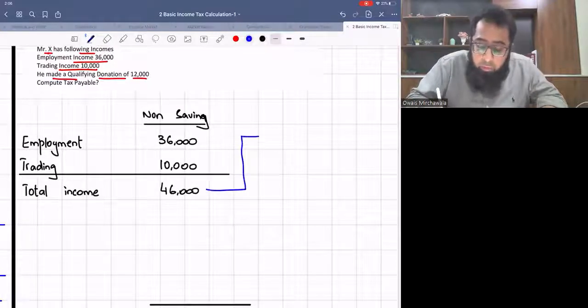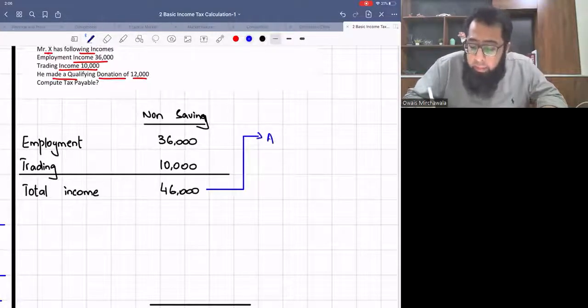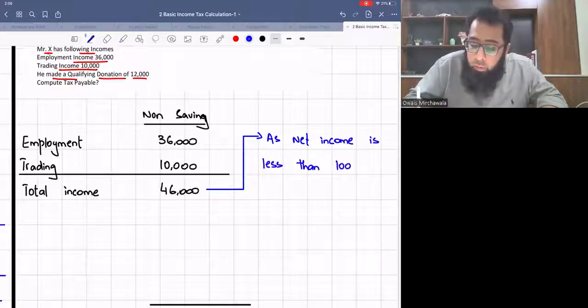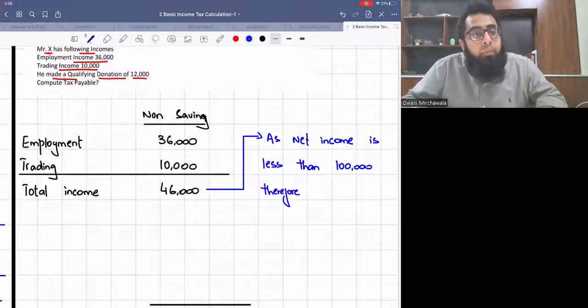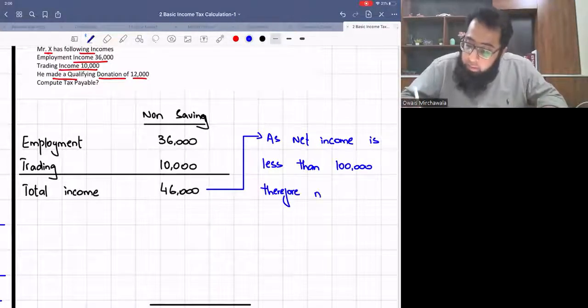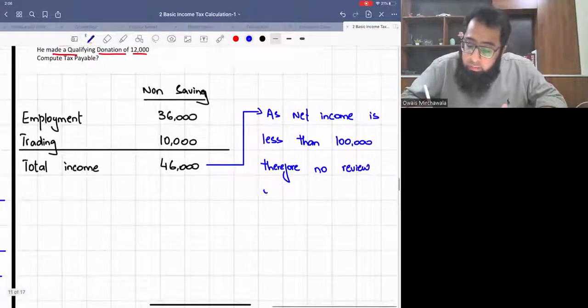Why? As net income is less than 100,000, therefore no review of personal allowance is required. It is not required to write this statement. When it's less than 100,000, you just claim the full personal allowance.